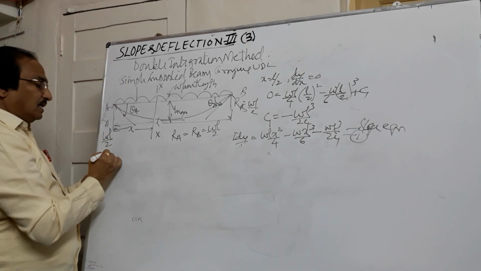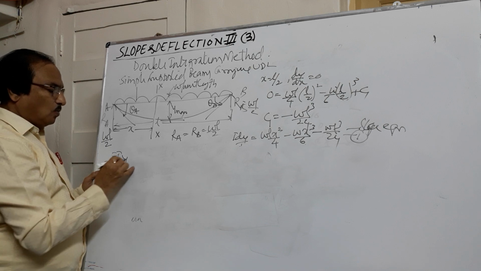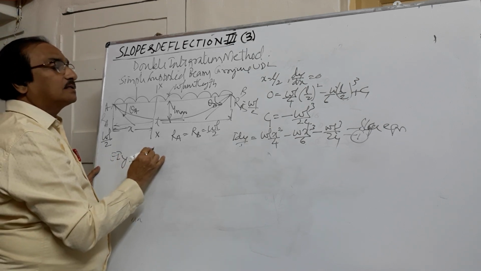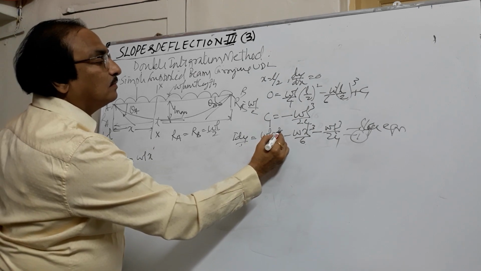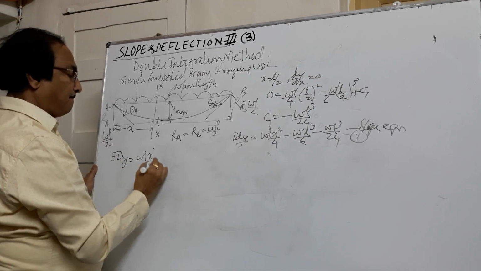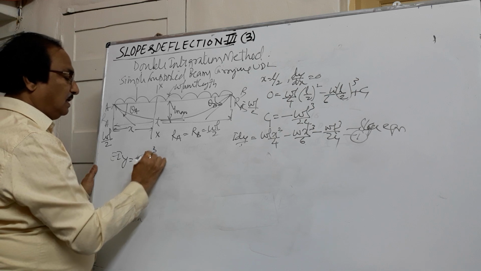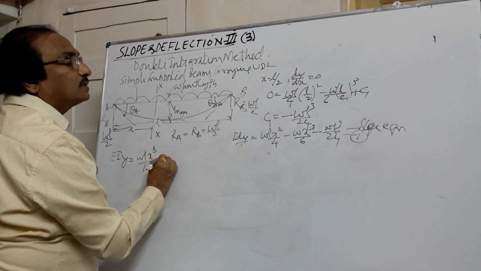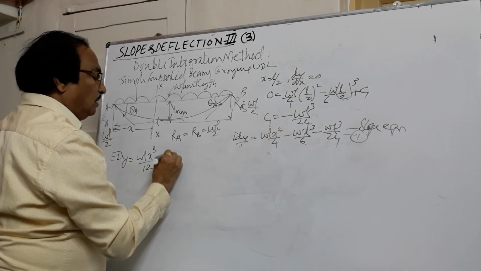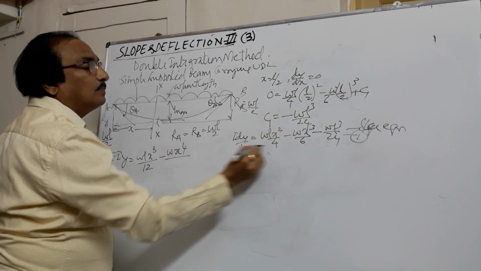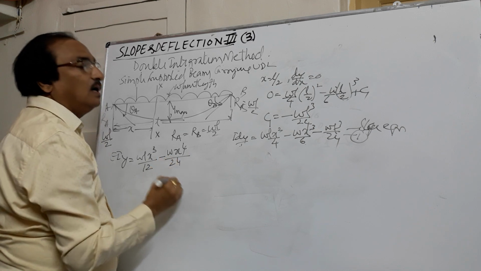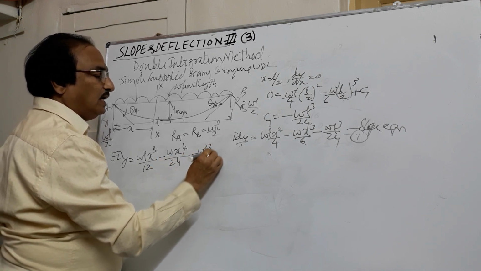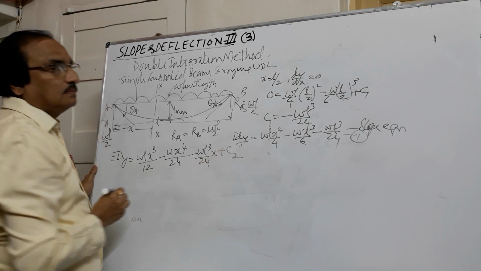So if I integrate this, EI into y is equal to WL x squared will become x cube, divided by 4 is 12, minus W x raised to 4 divided by 6 fours are 24, minus WL cube by 24 into x plus C2.